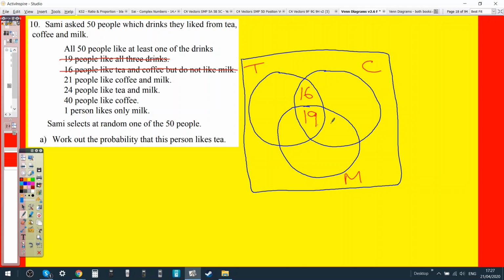And so do these 19 people in the middle like coffee and milk? And so what do you have to do there? Yeah. And so, yes. So how about the next one?